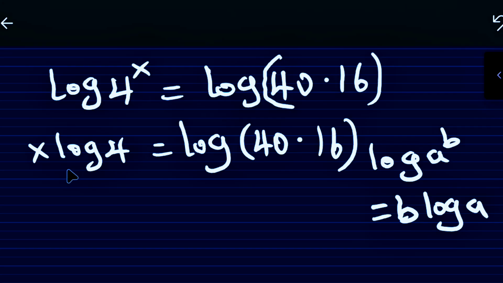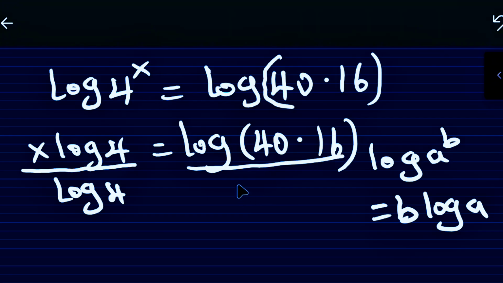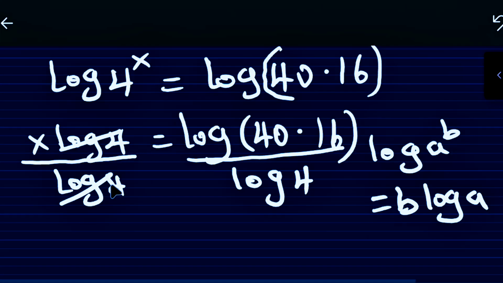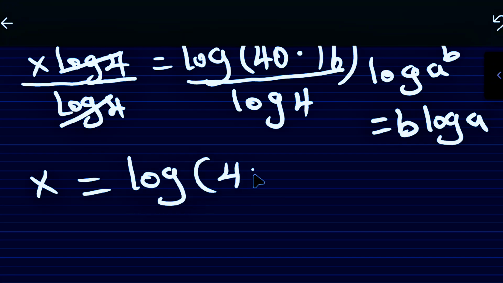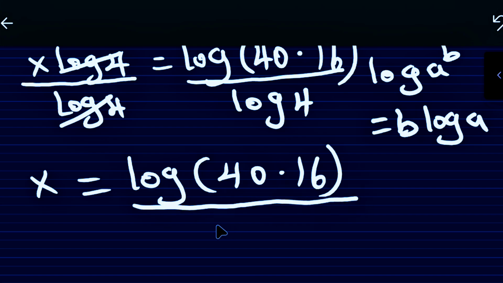From here, we are going to divide both sides of the equation by log 4. Log 4 will cancel out log 4, and on the left hand side we are left with only x, and this equals log of (40 multiplied by 16), then we'll divide everything by log 4.